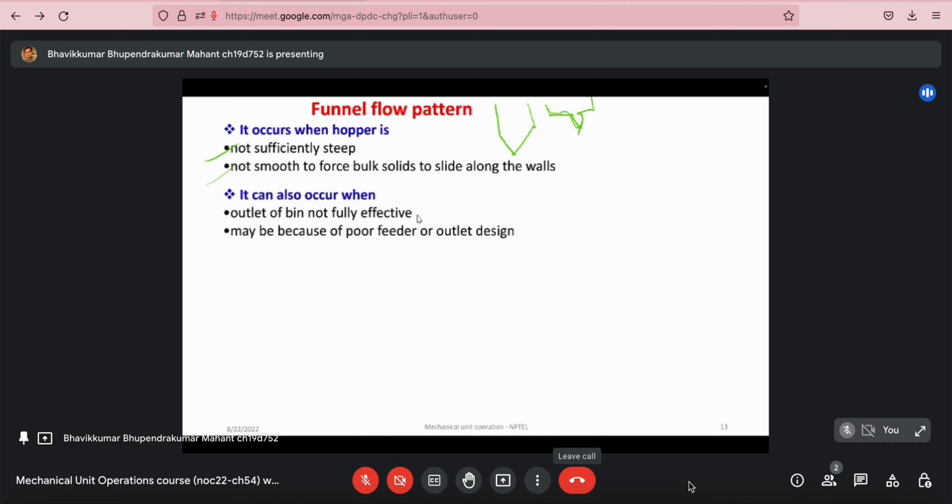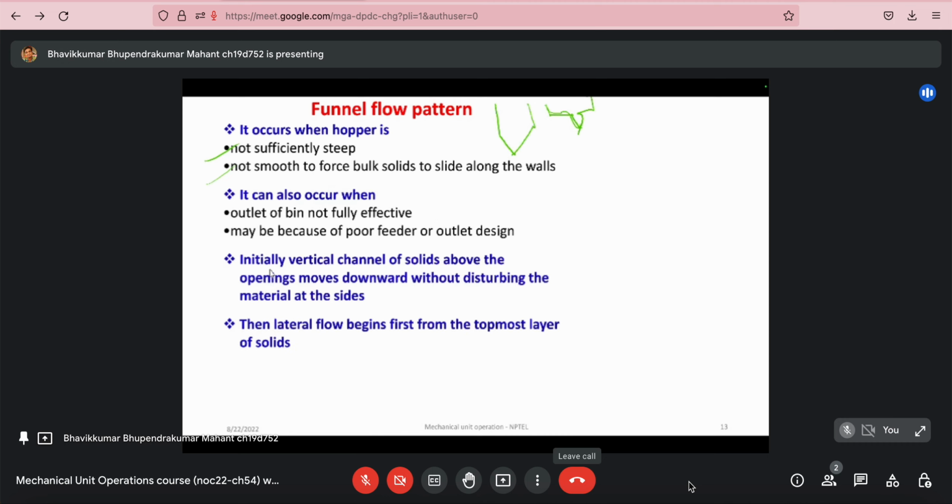It can also occur when the outlet of a bin is not fully effective. It may be because of a poor feeder or outlet design. The design is not perfect, it is poor design, and there may be a chance that the funnel flow pattern can be generated.